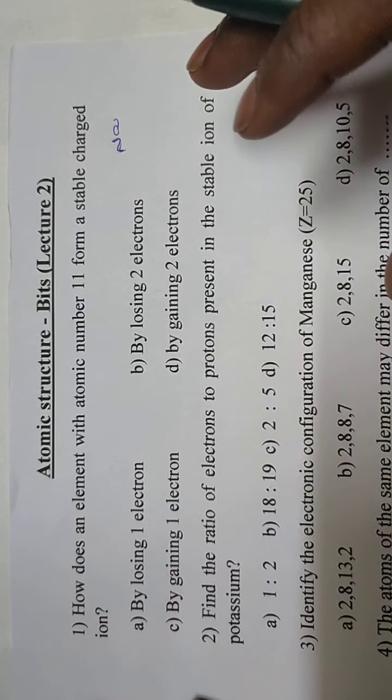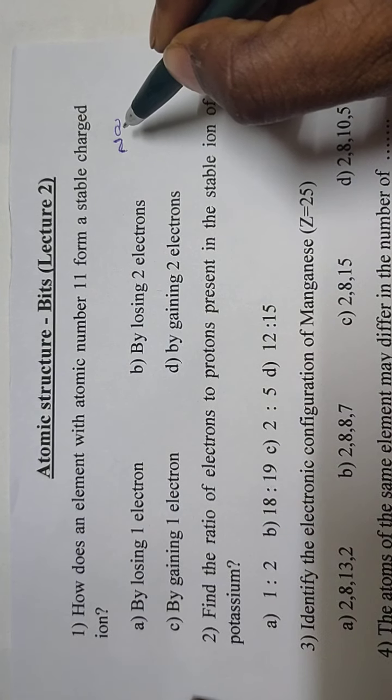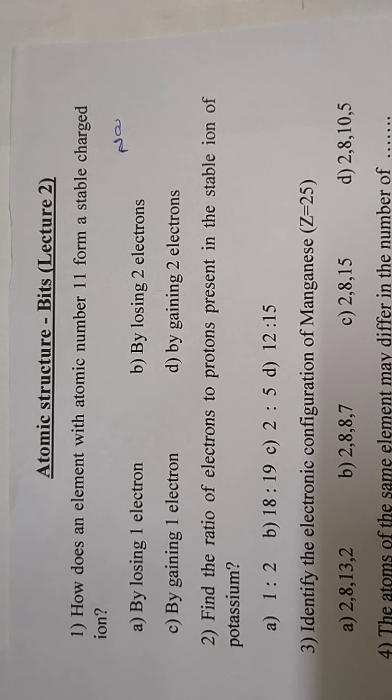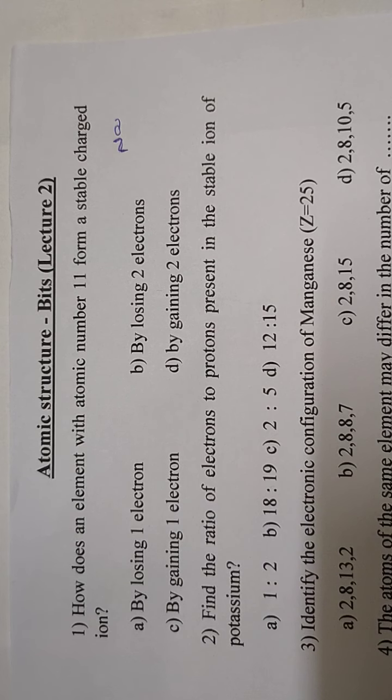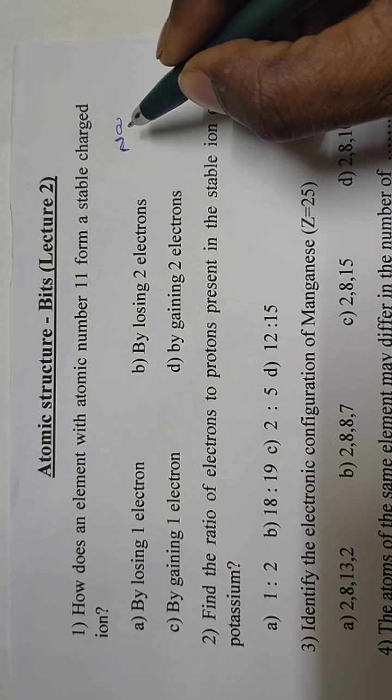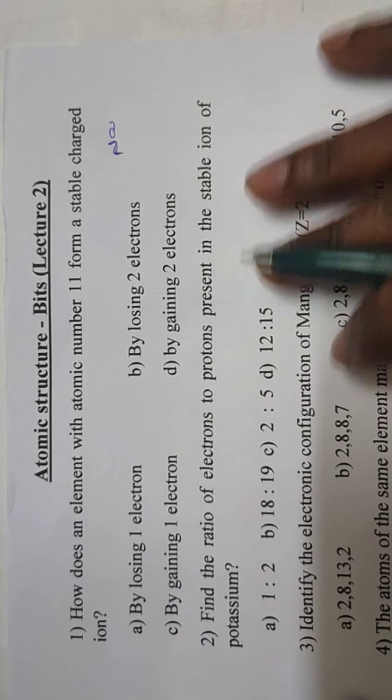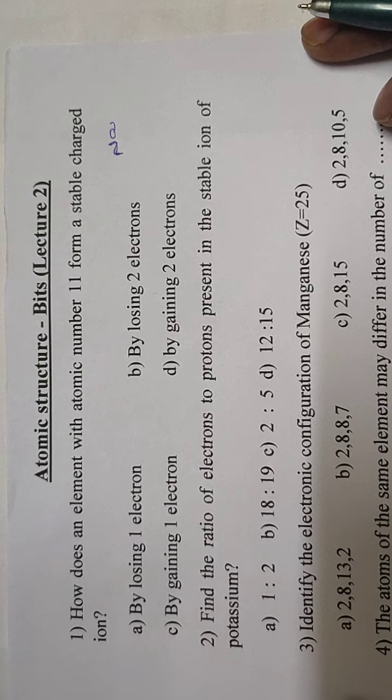So how is sodium stable? In elemental form, all the elements are not stable. Except noble gases, all remaining elements are unstable in their elemental form. So the elements become stable either by losing electrons or by gaining electrons.